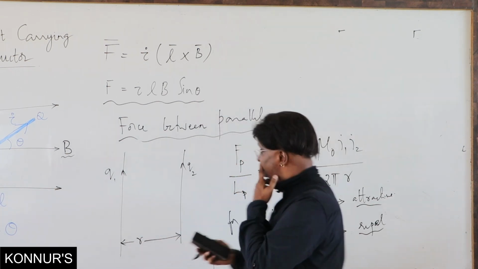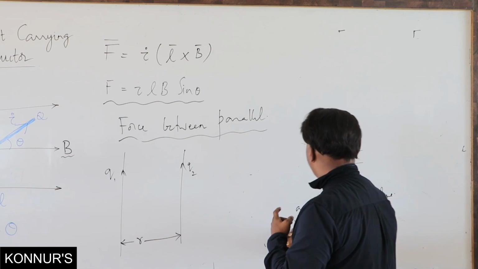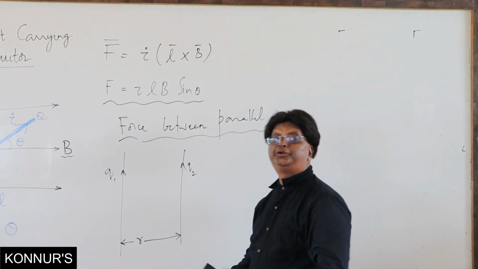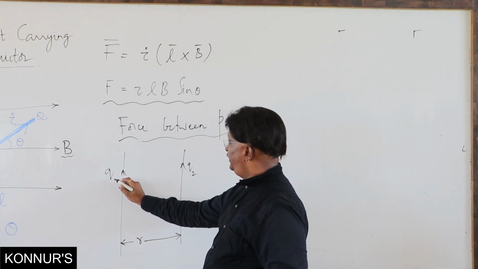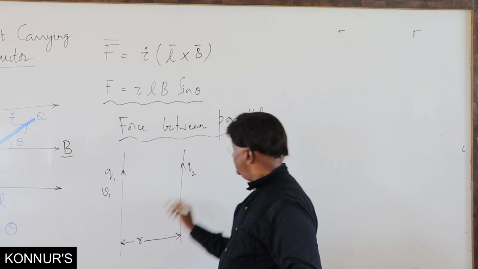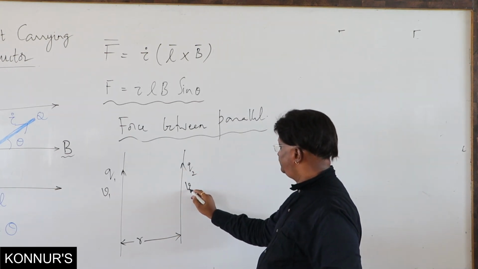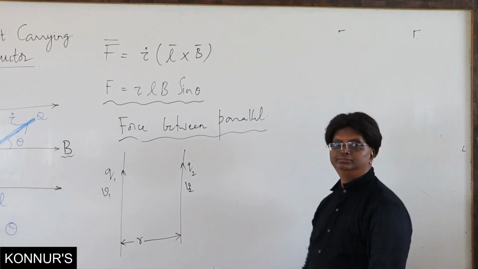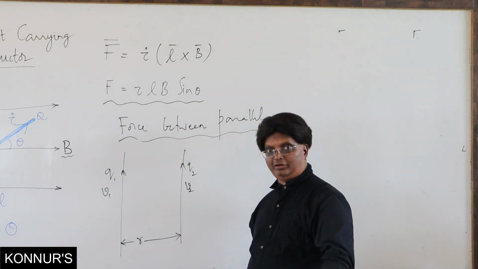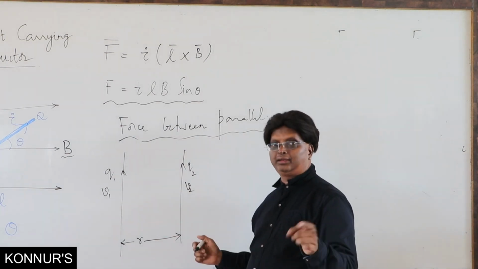Then what happens? Now, this beam of charges is also nothing but a kind of current. Suppose this is a beam of charge with velocity V1, and this is a beam of charge with velocity V2. Earlier it was the case of two conductors carrying current.